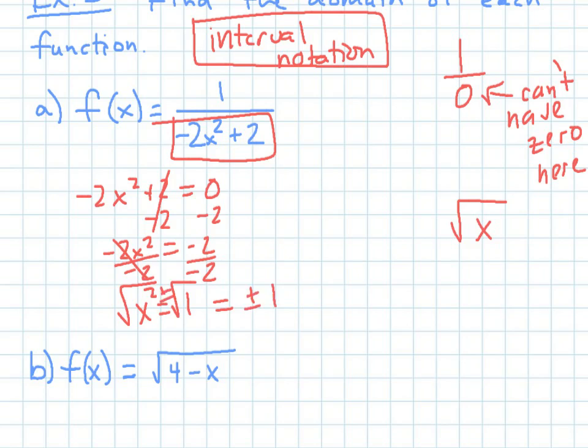So our domain would be restricted as such. All other values are fine. Just 1 and negative 1 make the denominator 0.